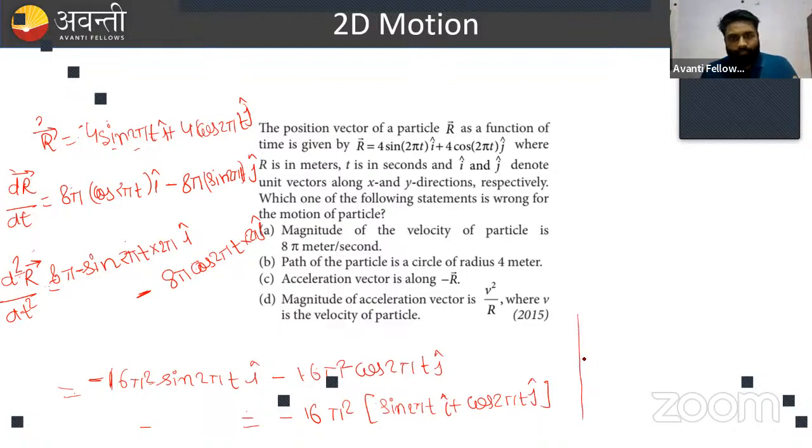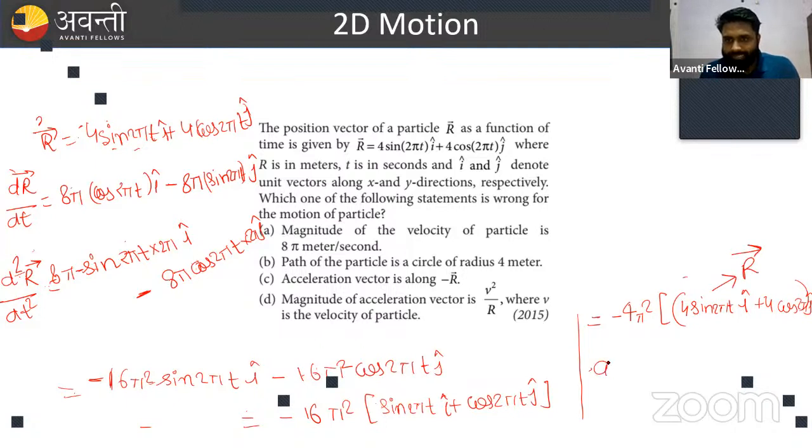If I send 4 inside the term, this will become minus 4 pi square. And this term will become 4 sine 2 pi t i cap plus 4 cos 2 pi t j cap.